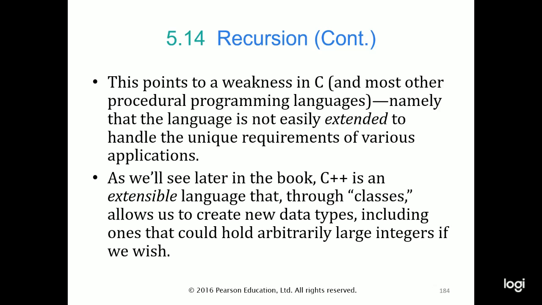One of the weaknesses of the C language is that you are stuck with the data types it provides, and you cannot extend or create your own data type to store even longer numbers.